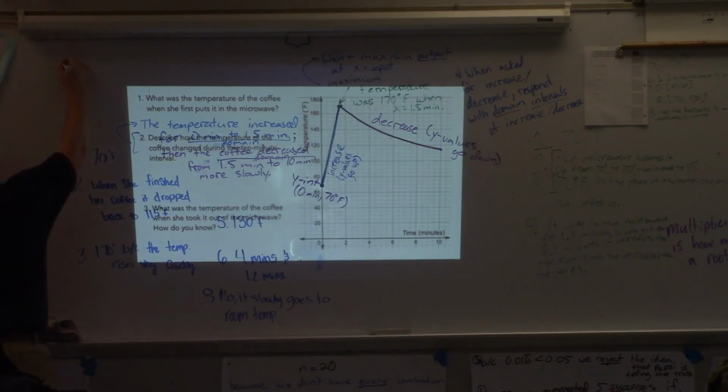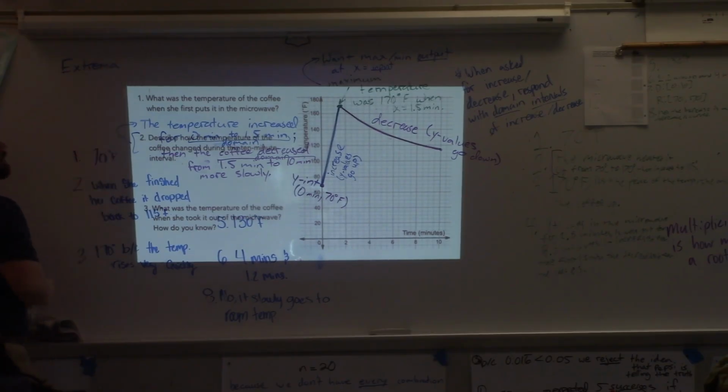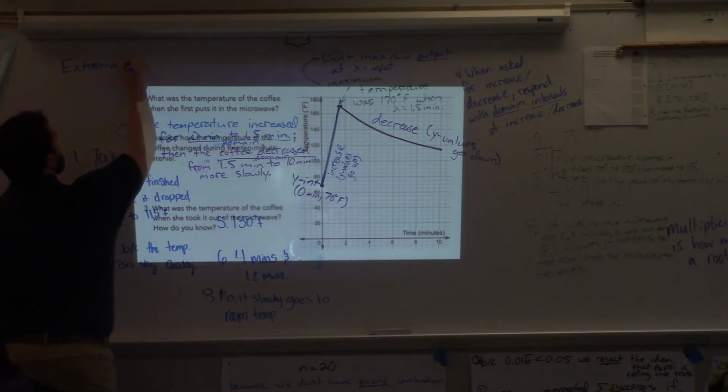What does that word extrema make you think of? Extreme, right? What's a word for the points on a graph that would be the extremes? The maximum and minimum. If you ever see that word extrema, it could be a maximum or a minimum. That's all extrema means, okay? Technically it's plural form.